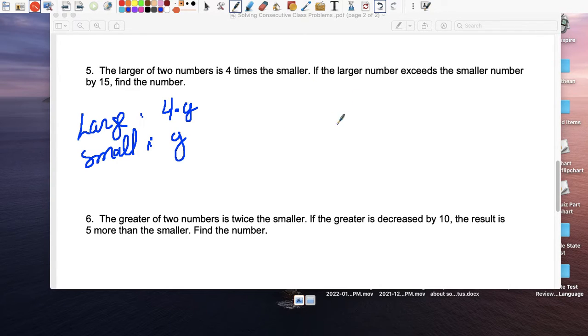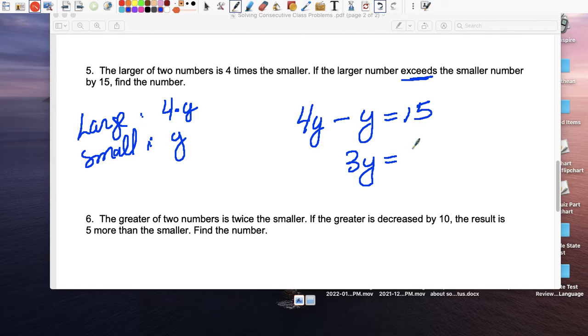So the larger number, 4y, minus the smaller number, y, the result is 15. 4y minus y is 3y equals 15. Divide both sides by 3. y equals 5. That was simple.